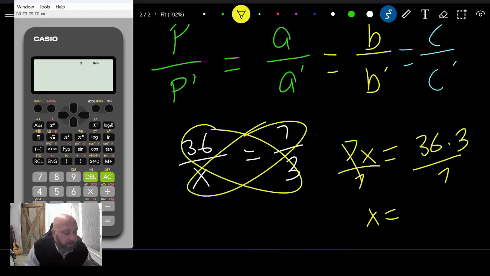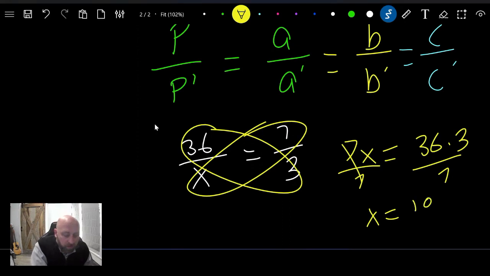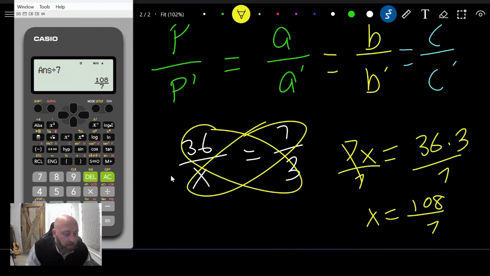So take your calculator and do 36 times 3 equals divided by 7 equals, and we get 108 over 7. So you could do 108 over 7, or you could also round that off to a decimal, depends on what it's asking for, and it looks like it's 15.43.